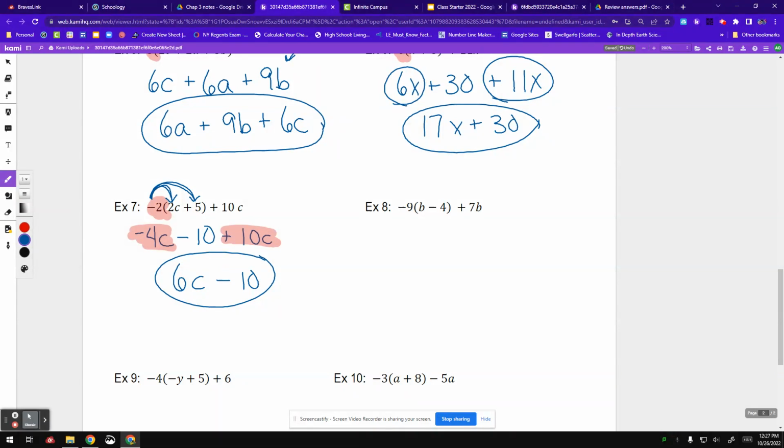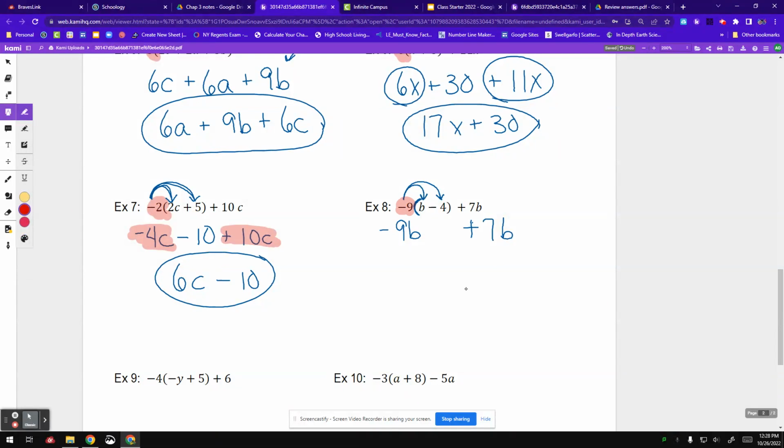We have a number directly next to a parenthesis. So we're going to distribute that integer to everything in the parentheses. Again, that plus 7b is not in the parentheses, so it just kind of hangs out waiting. Negative 9 times b is negative 9b, and be super careful here.